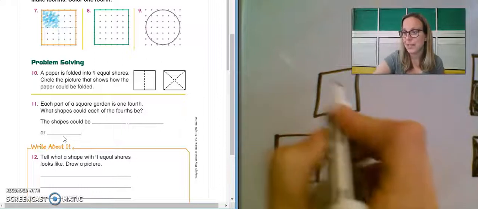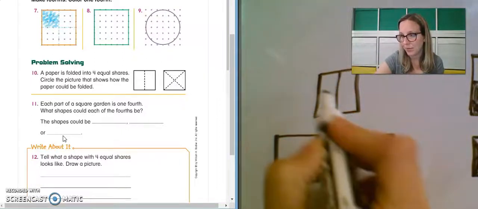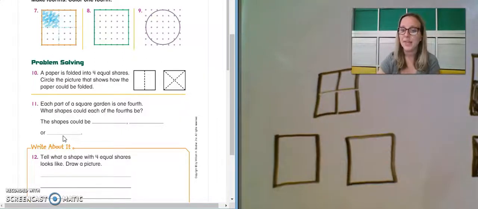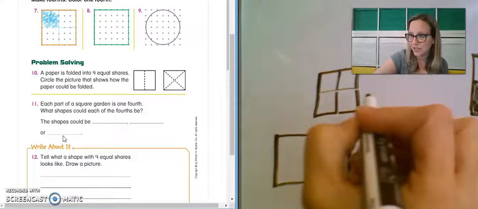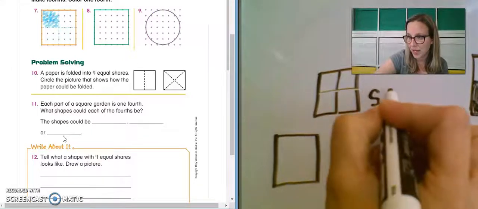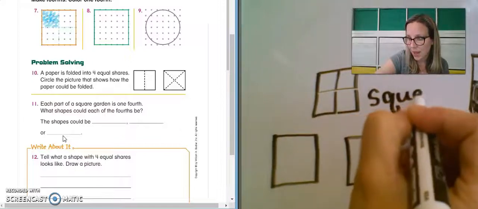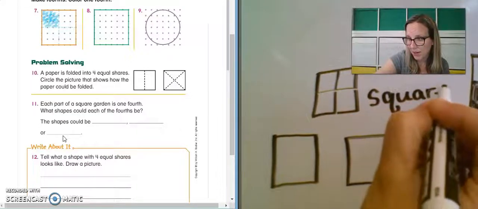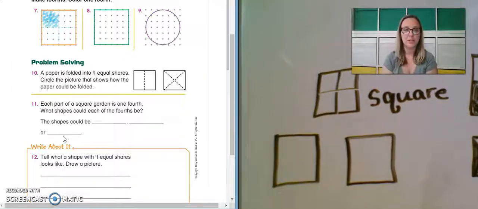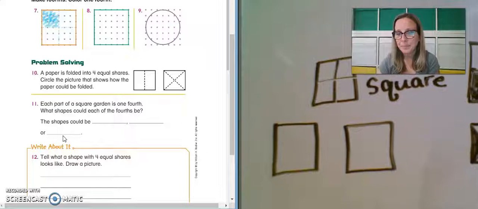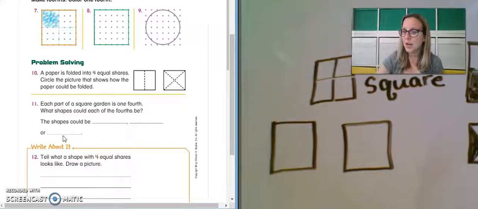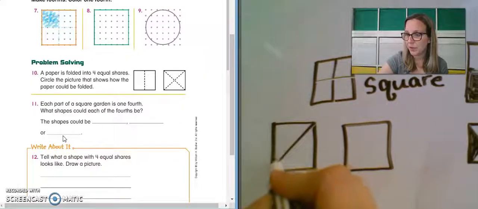One possible way is what we talked about, coming down and over, and that would give us squares. So for your first word, you can write S-Q-U-A-R-E, square. So one possibility would be squares, okay? Another way that we could do it is cutting from corner to corner.